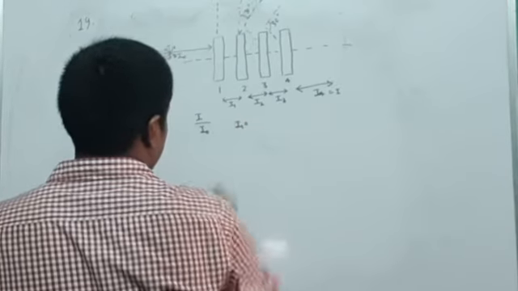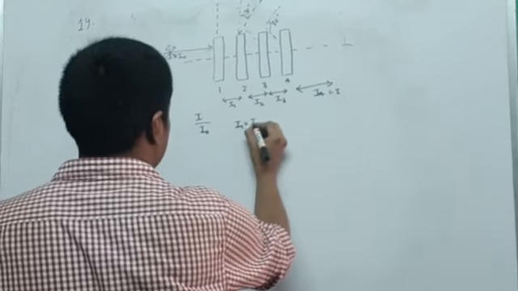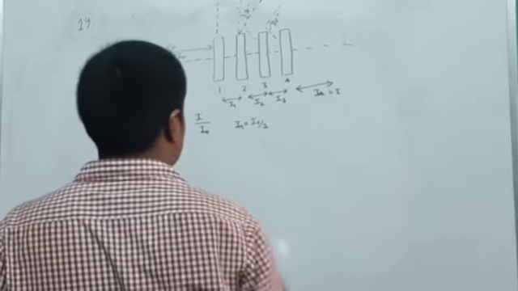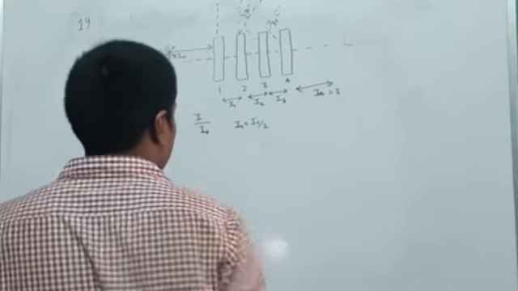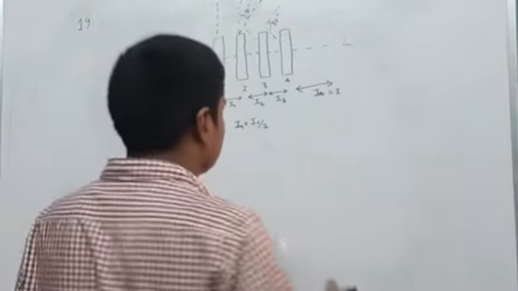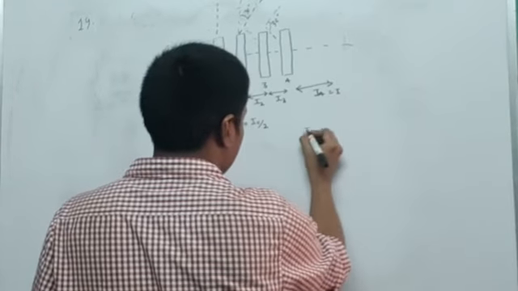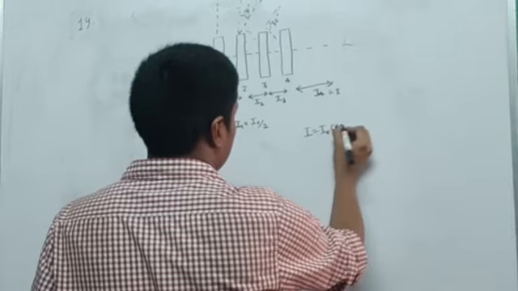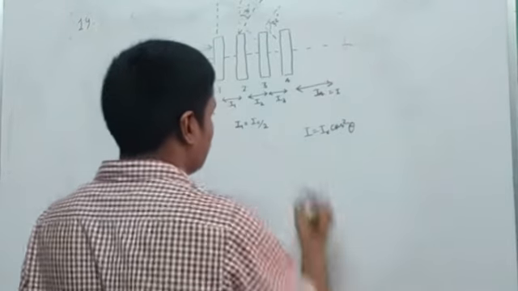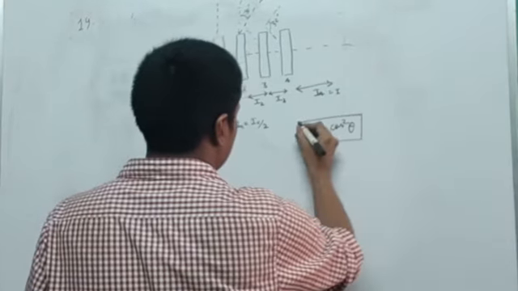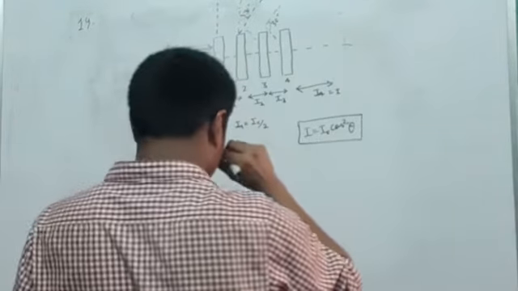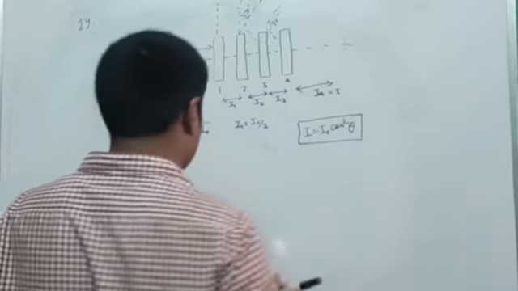In that case, I1 is simply I0 by 2. Why I0 by 2? Basically the average over cos squared theta. The formula that we are employing here is Malus law, I equals I0 cos squared theta. This is our well-known Malus law.